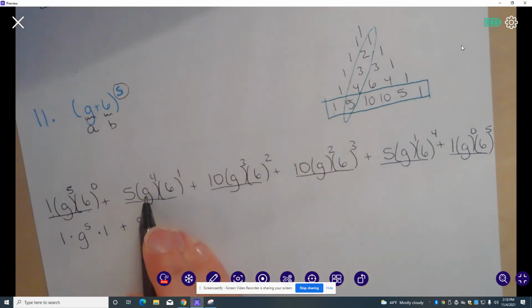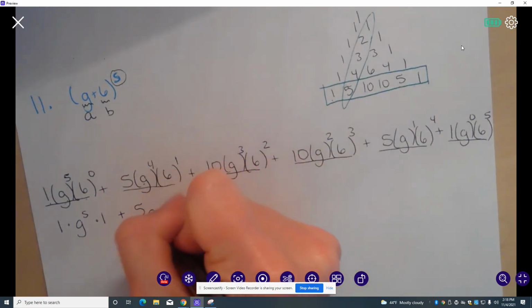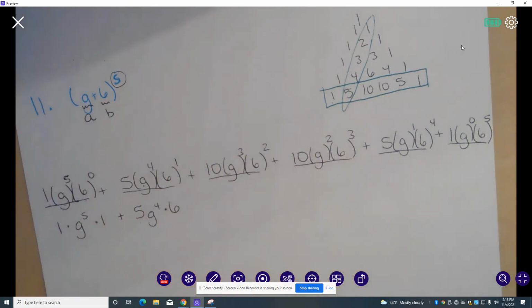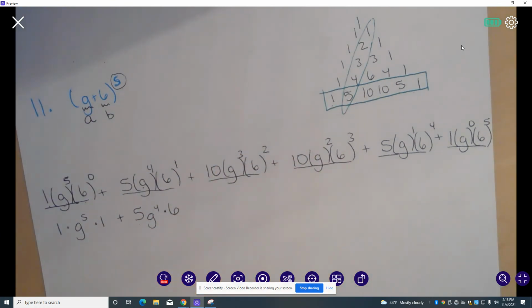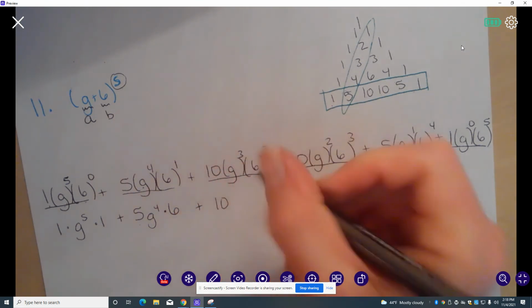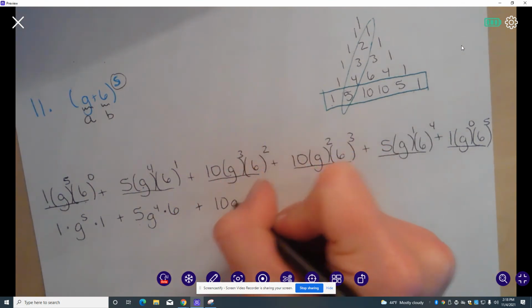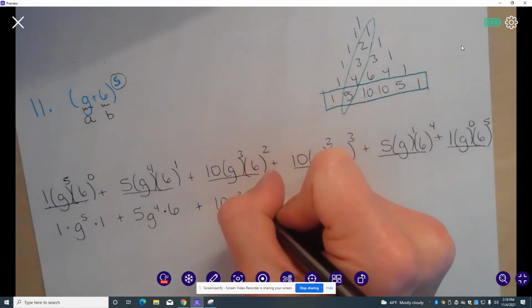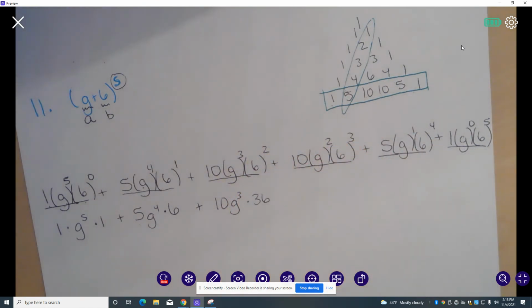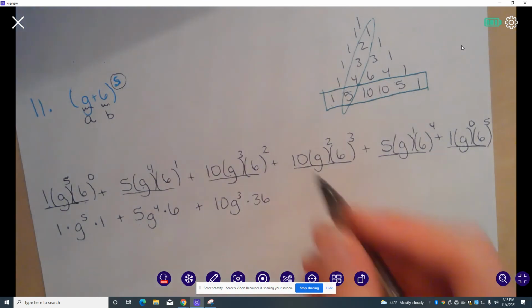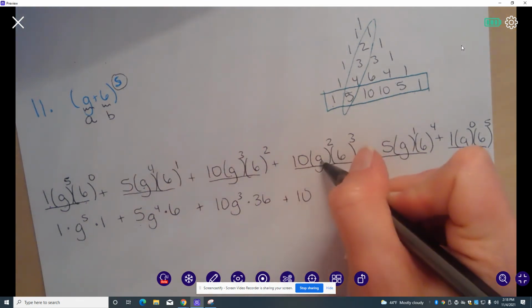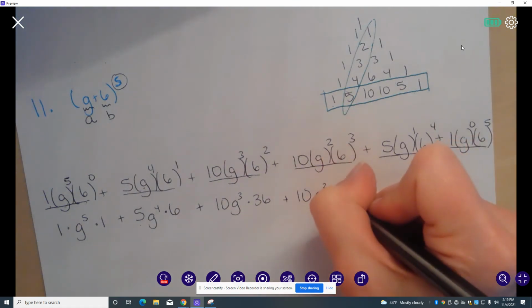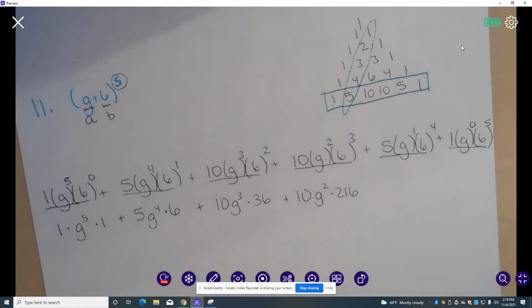Leave the 5. G to the 4th power is G to the 4th power. And 6 to the 1st power is 6. G to the 3rd power is G cubed. And 6 to the 2nd power is 36. I have G squared. 6 to the 3rd power is 216.